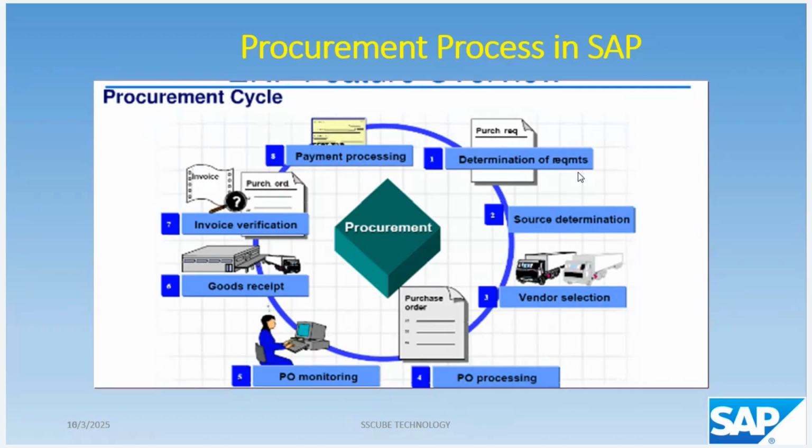So in source determination also, the organization decides whether to buy from outside, from an outsider, or whether to produce the same item in my own organization. The organization decides which one is going to be cheaper. In your case also it is the same: which one is cheaper and which one is of good quality. Your mother will decide. Same here in the organization: source determination means deciding which to buy from outside and which to produce in our factory premises.